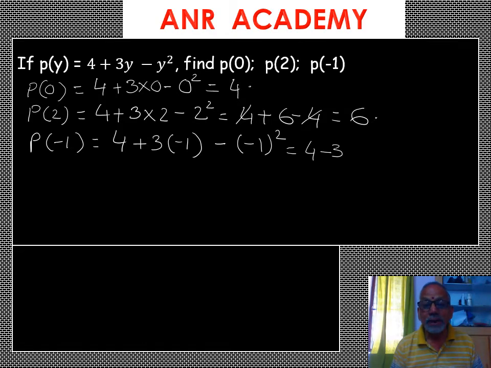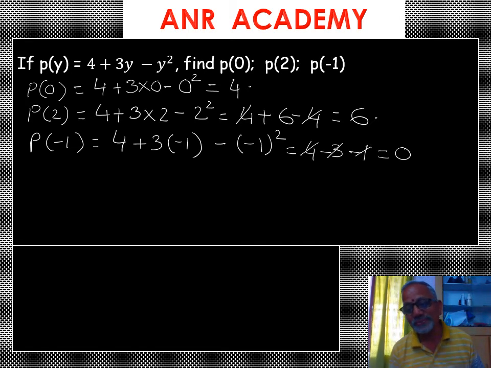But here minus is there. So minus 1. 4 minus 3 minus 1, 4 minus 4, and this plus 4 cancels, 0. Clear? So the value of P of minus 1, you got 0.